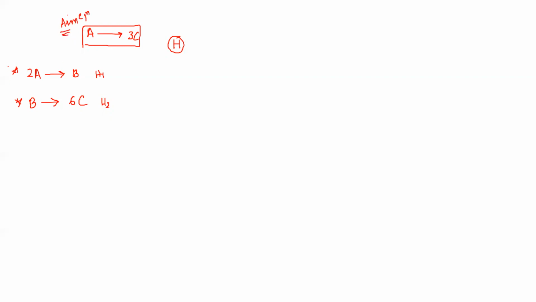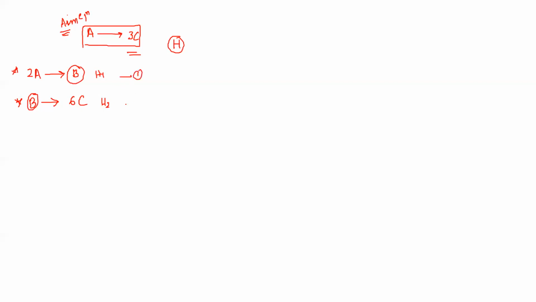This is known as our aim equation, and these are our constituent reactions. We have to somehow manipulate these two reactions so that we can eliminate the middleman B, and obtain this particular reaction simply. So what we can do is add these two.